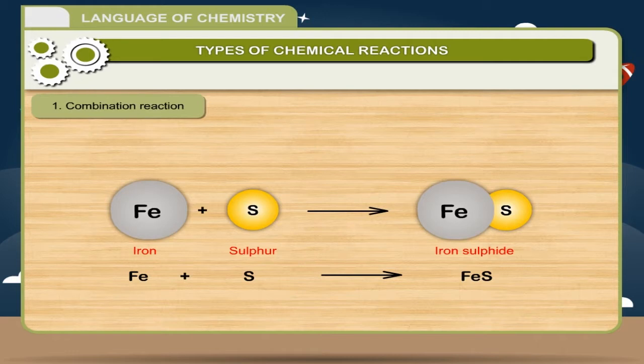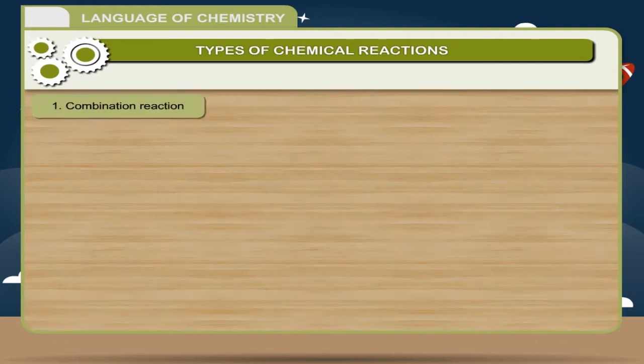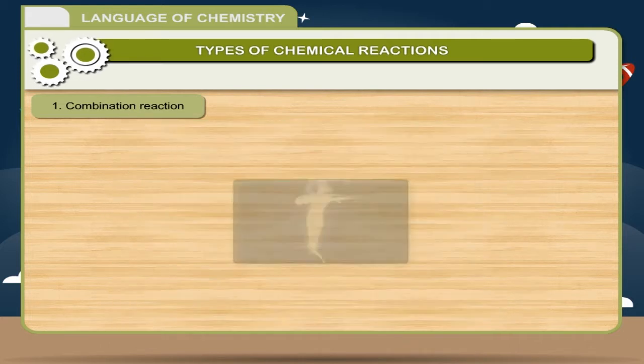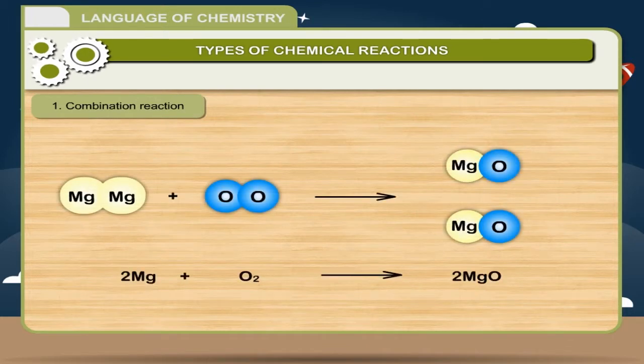Fe + S gives FeS. When ignited in air, magnesium ribbon burns with a dazzling white flame to form a white powder of magnesium oxide. 2Mg + O2 gives 2MgO.